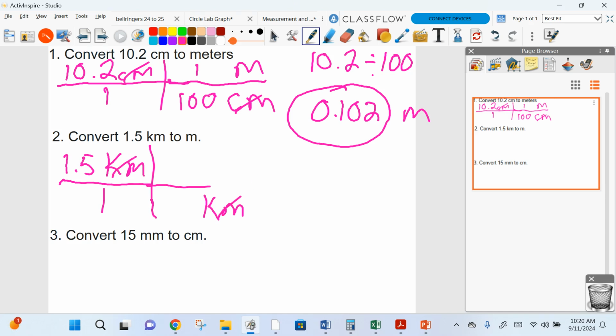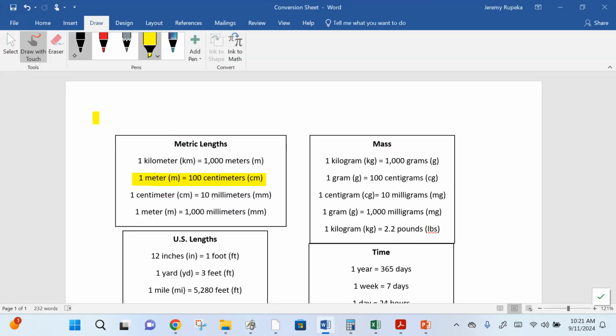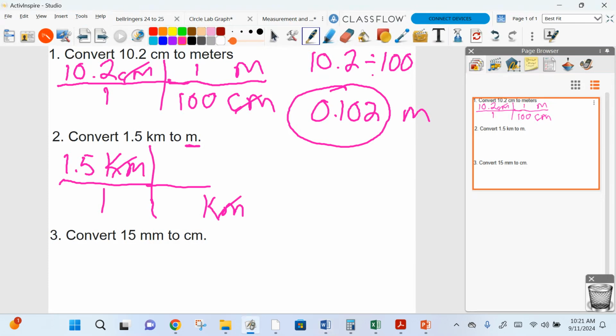And I want to see, is there a conversion directly from kilometers to meters? So I pull up my equation sheet. I'm still in the metric length box. I don't have to look very far. It's the very first conversion. 1 kilometer is 1,000 meters. So 1 km, 1,000 meters.